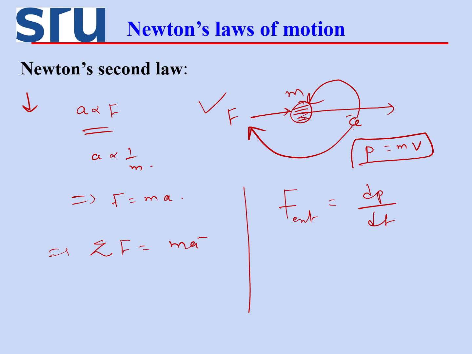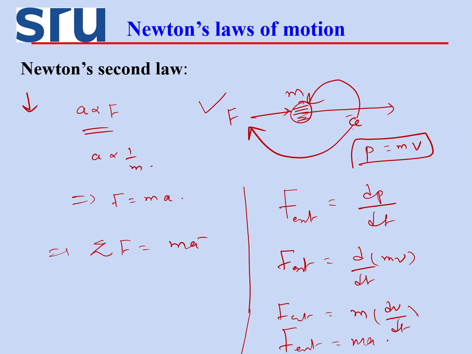The product of the mass and velocity is its linear momentum p. Therefore F external equals dp by dt, where p is mv. Since m is constant, F external equals m dv by dt. The rate of change of velocity is acceleration, that is F external equals ma.